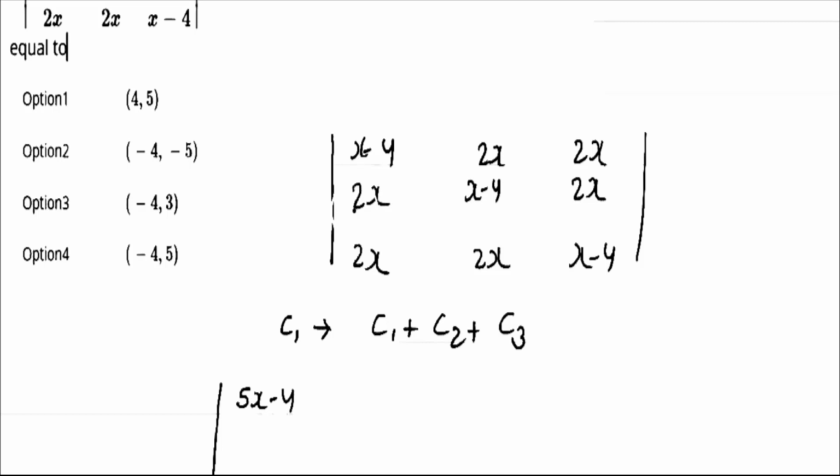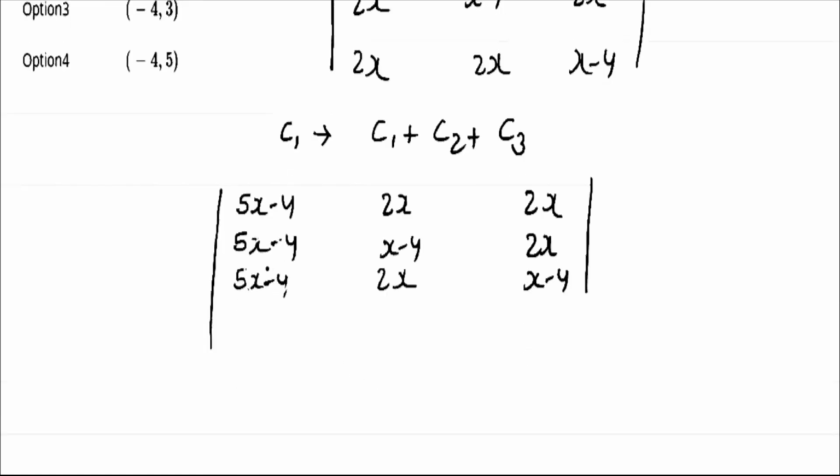Now second row, 2x plus x minus 4 plus 2x, so 5x minus 4. Here is also 5x minus 4. In the third also 2x plus 2x plus x minus 4 is 5x minus 4. The other columns will be the same because we are not applying any operation. So 2x, then here is also 2x. Here is also 2x. And here is x minus 4.